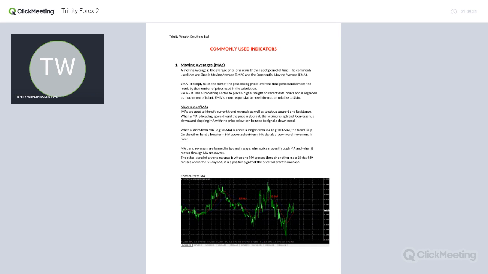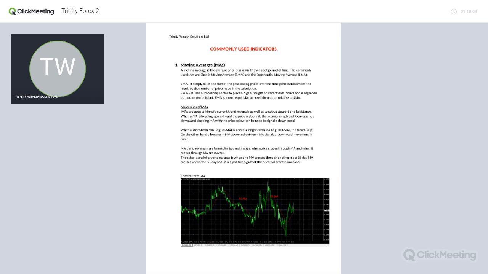Here, security can mean the currency pair, the indices or the futures, whatever you're trading, because it can be applied to any of those instruments. Conversely, a downward sloping MA with the price below it can be used to signal a downtrend. So those who use indicators like MA, that's what they use to identify downtrends and uptrends.